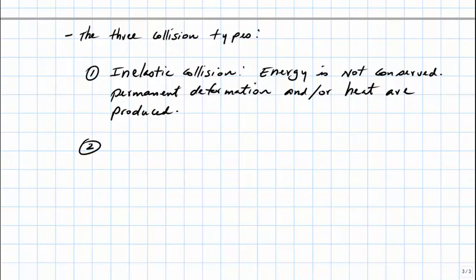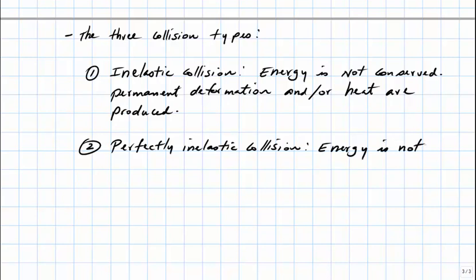The second type of collision is called a perfectly inelastic collision. In this type of collision, energy is still not conserved. And the objects stick together after the collision.